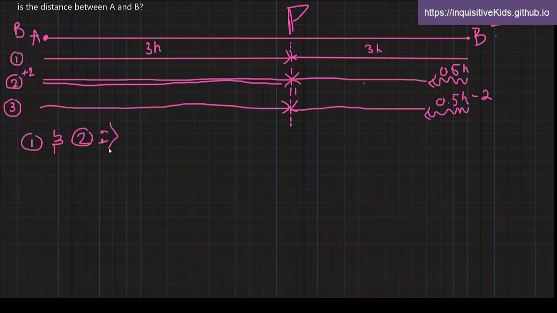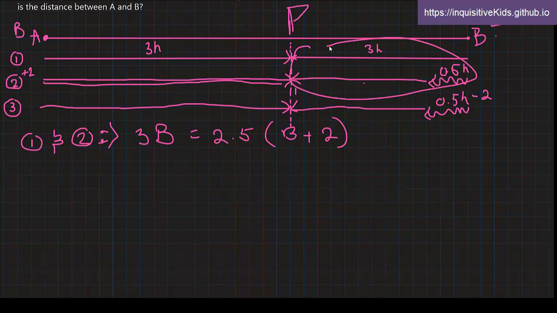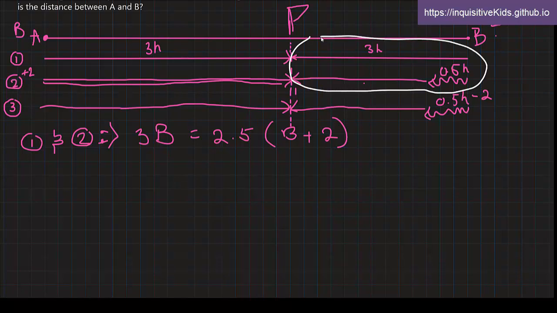When we compare 1 and 2, we get that 3 of B is equal to 2.5 of B plus 2. Why 2.5? Let's first just look at this part, the number 1 and 2 up to their meeting point on the right side.